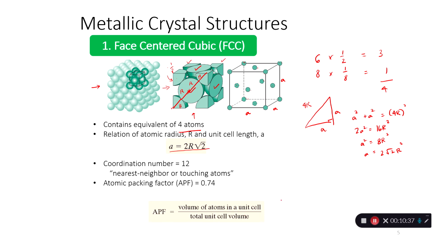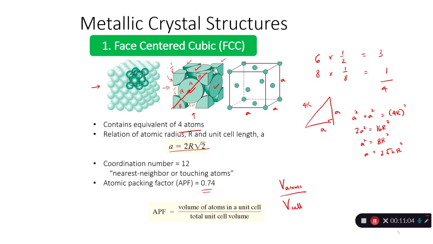So in a way it's a ratio, volume of the atoms over the volume of the cell or the cube. So if you look at this number, it means that only 74% of the cube's volume is filled with atoms. So how is that?